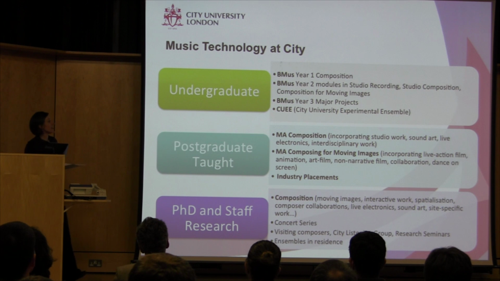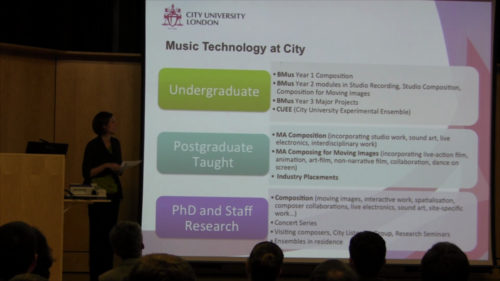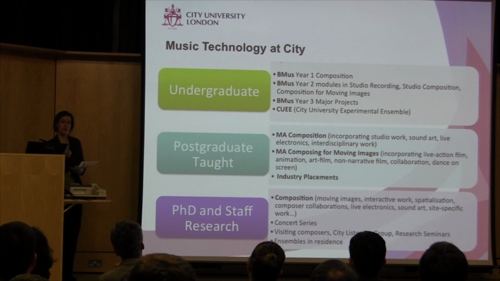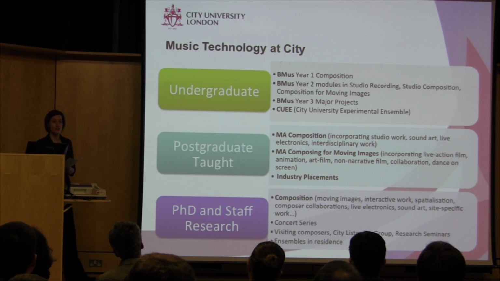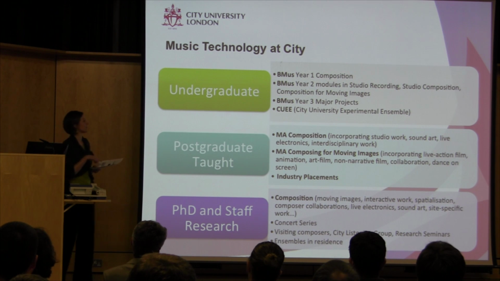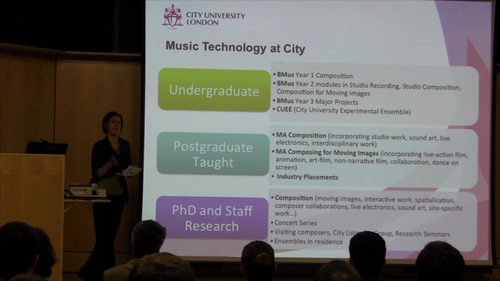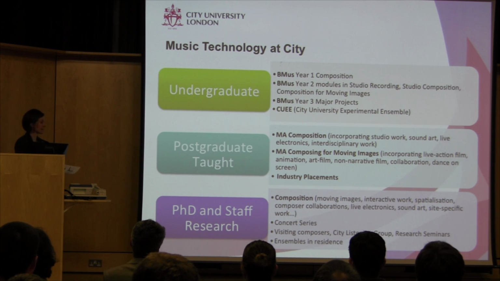In the second year, we form 3 strands where students can study studio composition, composing for moving images, and also instrumental and vocal composition. There's also an option to do studio recording here, and you'll see our studio later this evening, where students work with classical-based recording, but also look at multi-track popular music recording.